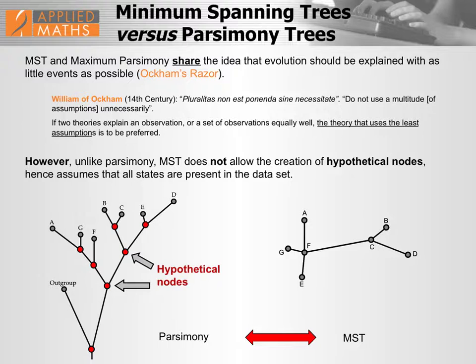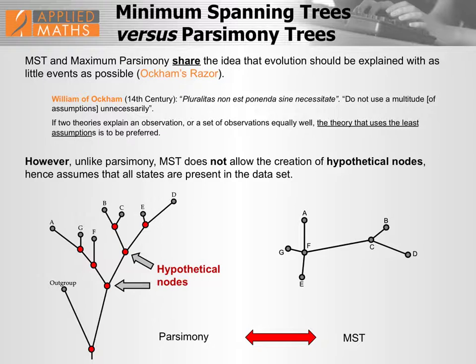So minimum spanning trees are often confused with parsimony trees. Now they share the same idea that your evolution should be explained with as few events as possible. So the most likely evolution is the one that is the simplest, which is basically Occam's razor.